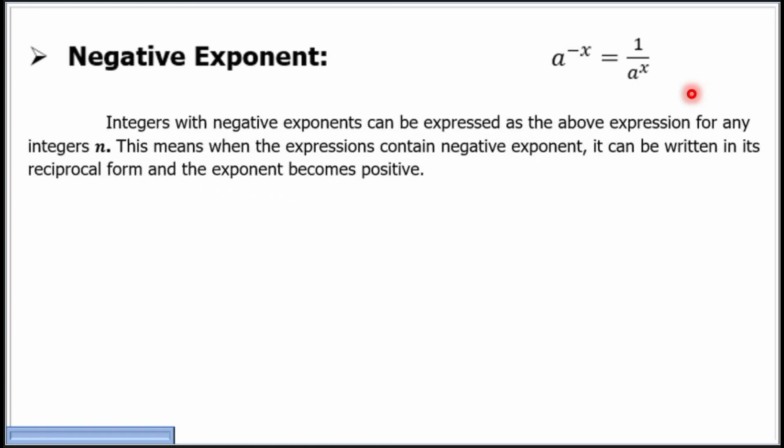So, integers with negative exponents can be expressed as the above expression for any integer n. This means when the expression contains a negative exponent, it can be written in its reciprocal. The word is reciprocal, reciprocate, gibali, and the exponent becomes positive. So this one naman ay 1 diha, kay whole number man na. So atong gi-reciprocate, na baylo ang 1 na naa sa babaw, and this makes the exponent positive.